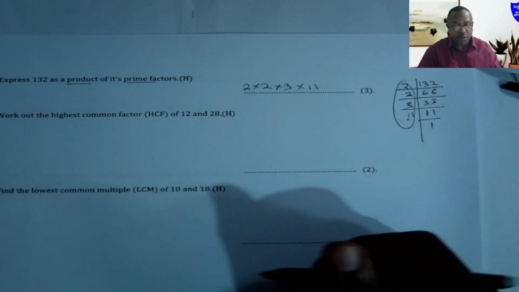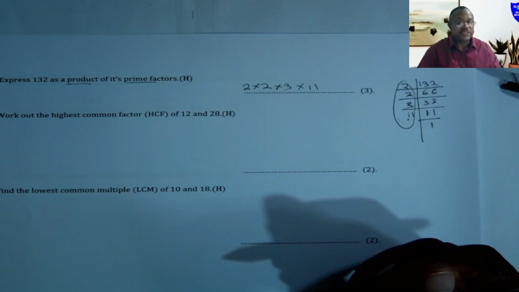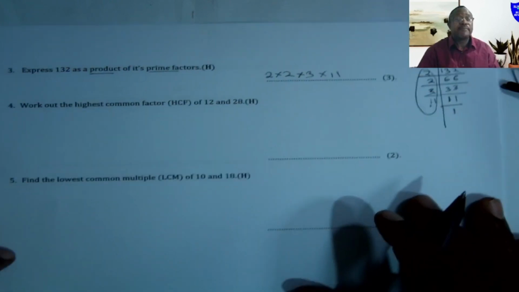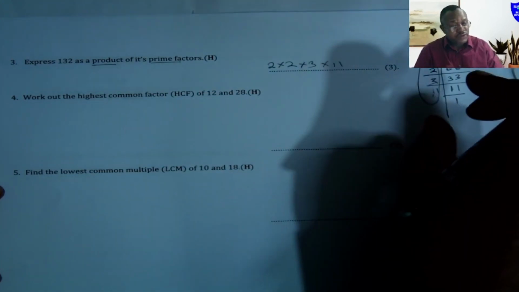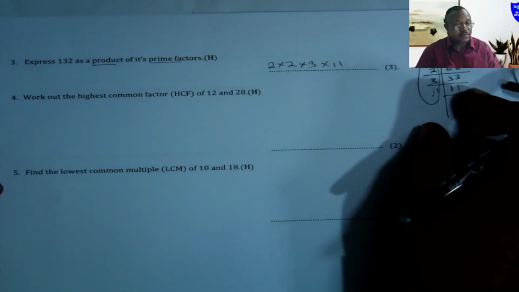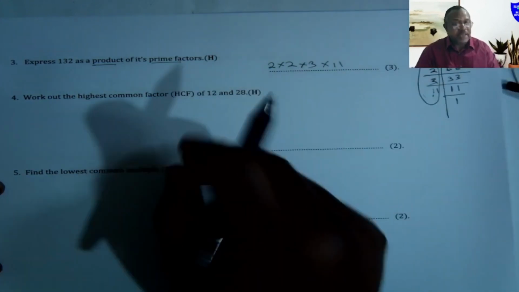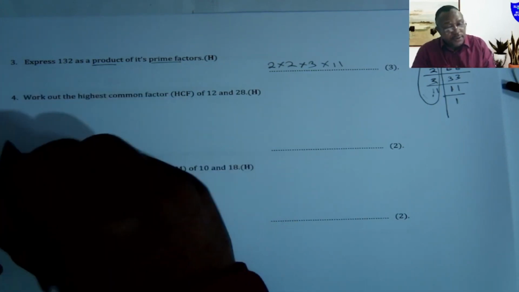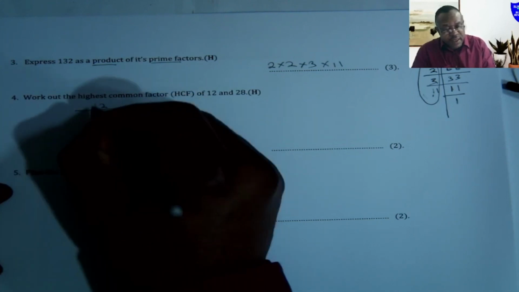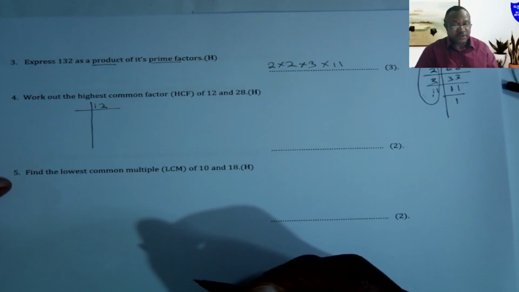Now number 4, work out the highest common factor. That's HCF of 12 and 28. Right, so here we have to use exactly the same method, guys. First of all, let's find the prime factors of 12.